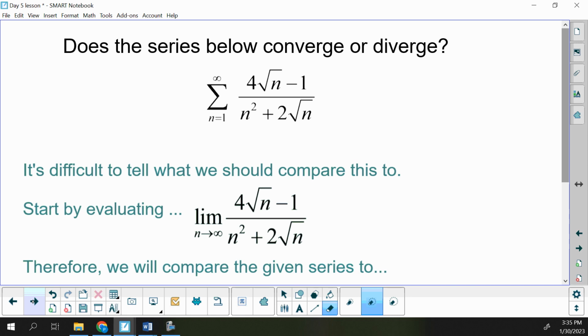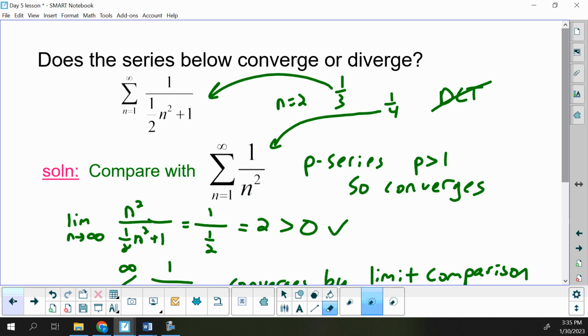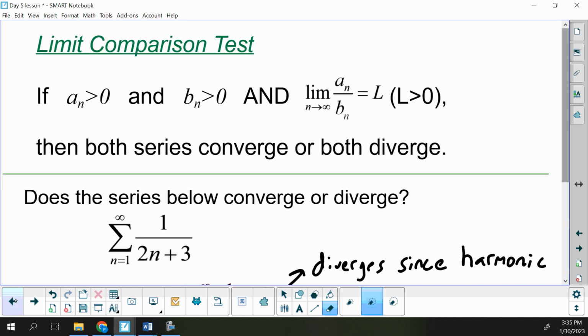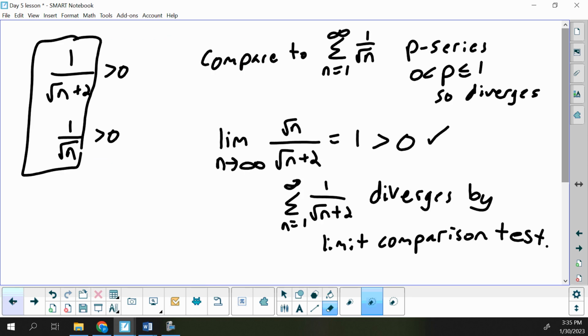All right, one last one for this video. How are we deciding this thing to compare to? Well, notice in every case, to get a positive finite constant, we wanted to end up with the same degree as our largest power. Here we had the squared same degree. In this one, we had n's as the same degree. This one, we had n to the 1 half.